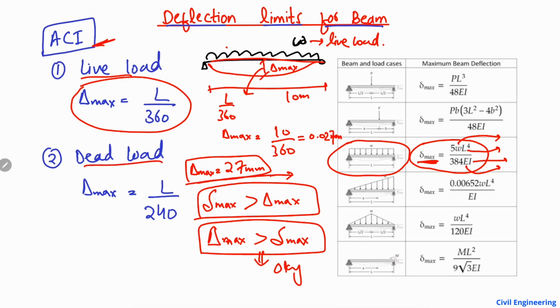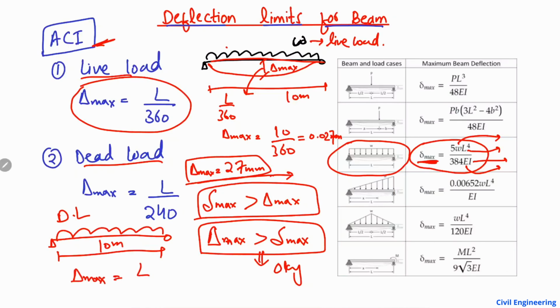Similarly, for the dead load, we have another criterion which is L by 240. If this is my beam and I apply a load here, and this is a dead load, for example of the floor finish, and suppose again the beam is 10 meter long, then my dead load maximum deformation criterion is L by 240.